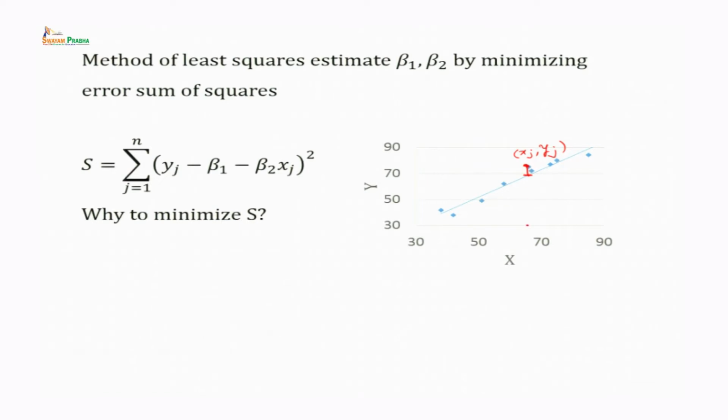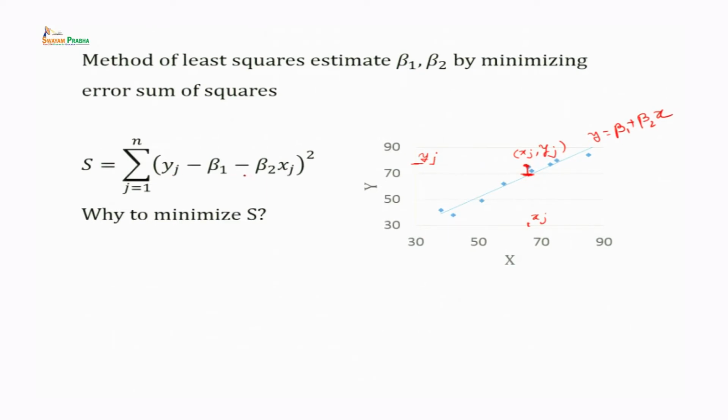So, you have x j here and y j here, and this point is beta 1 plus beta 2 x j, because this line is y equal to beta 1 plus beta 2 x.